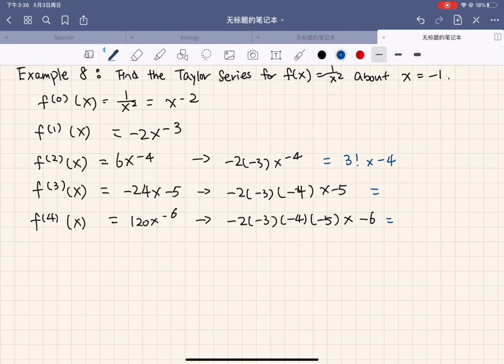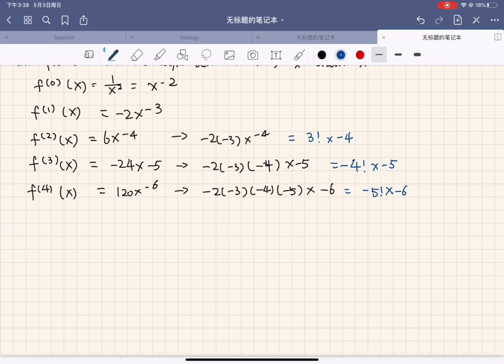For example, now it is 3 factorial x to the power of -4, and the next one starts with -4 factorial x to the power of -5. And for the fifth term, which is f prime 4 of x equals -5 factorial x to the power of -6. So these are the patterns that we found from the derivative evaluation.